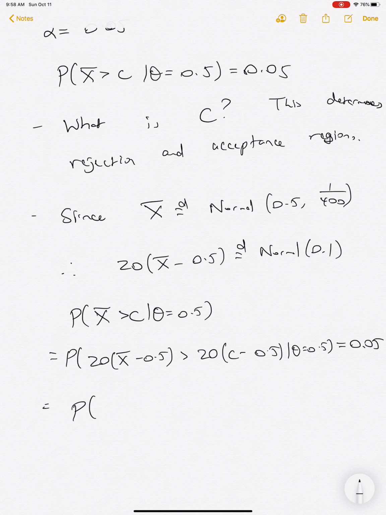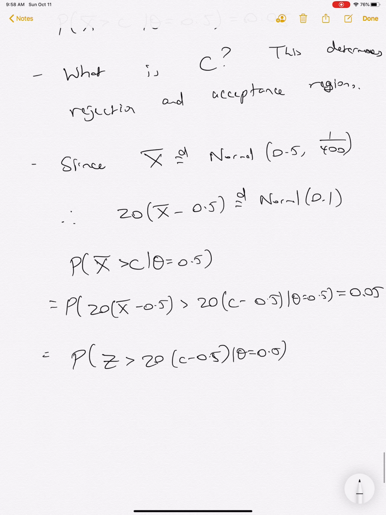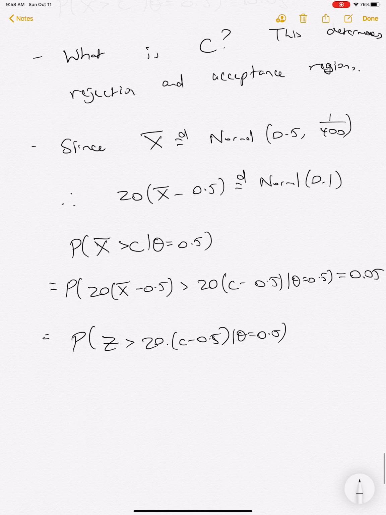That's just the probability that Z is bigger than 20 times (c minus 0.5).